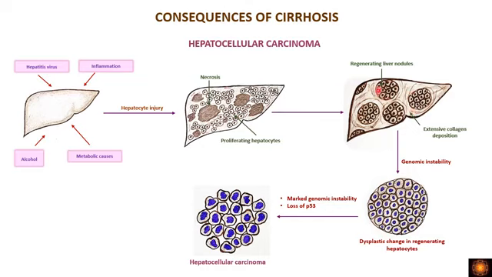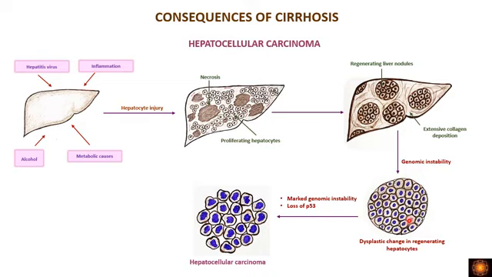These regenerating liver nodules have hepatocytes which are dividing very fast. When the cells are proliferating fast, there can be escape from the checkpoints which occur in mitosis, and there can be some genomic instability. So initially there will be some dysplastic change in the proliferating hepatocytes. This we call a dysplastic nodule.